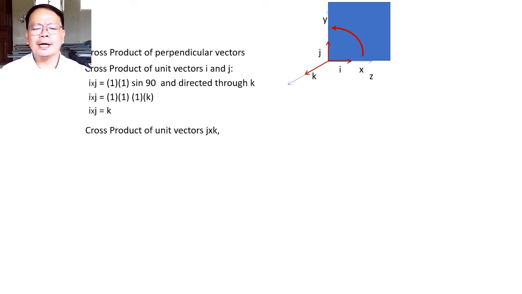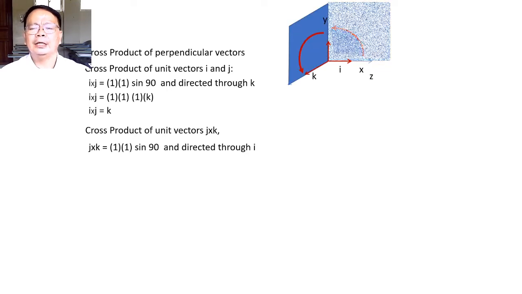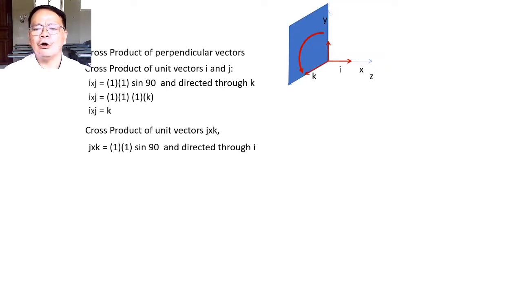What about the cross product of the unit vectors j and k? Where are these unit vectors j and k lying? They are lying on the yz plane. And you will notice that an axis perpendicular to this plane is herein shown as the direction of the positive x-axis, whose direction is represented by i.